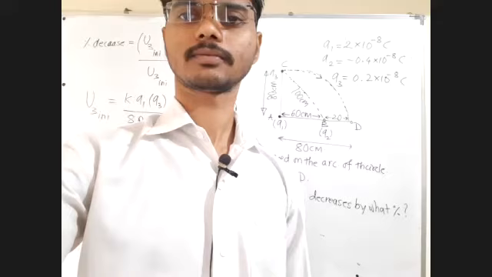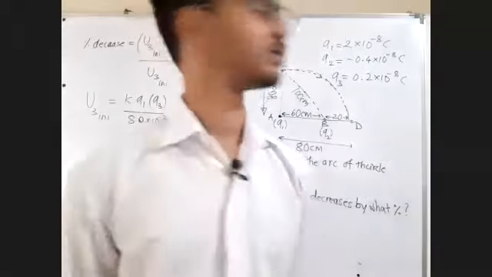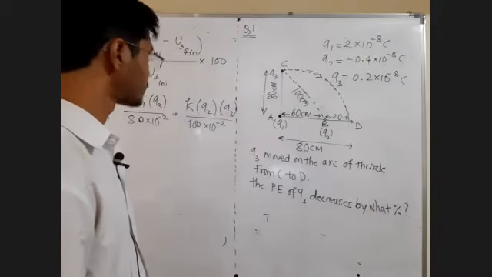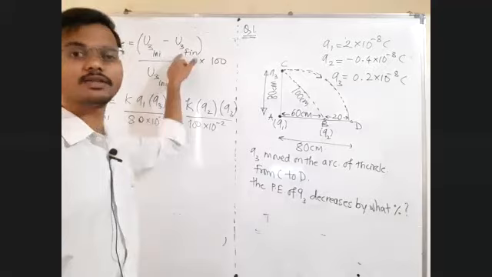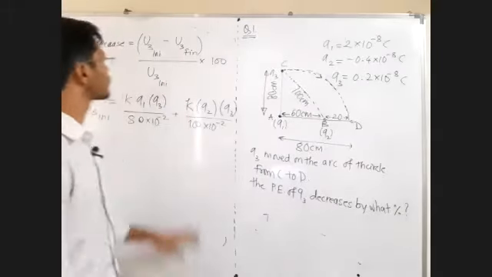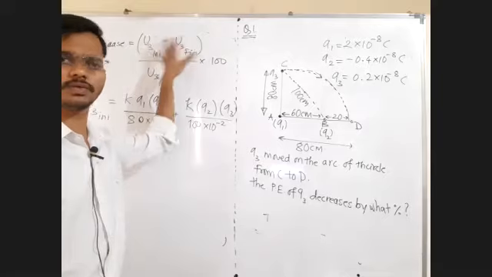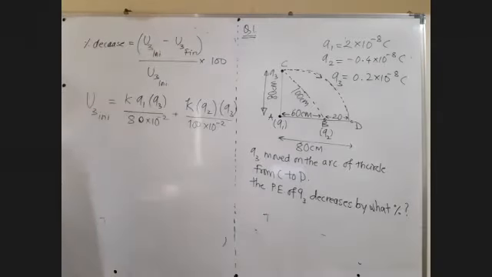Sir, ultimately there is division, so the unit won't matter. Yes, ultimately there is going to be division, energy upon energy, so the unit will not matter. Perfect. That you can definitely do.